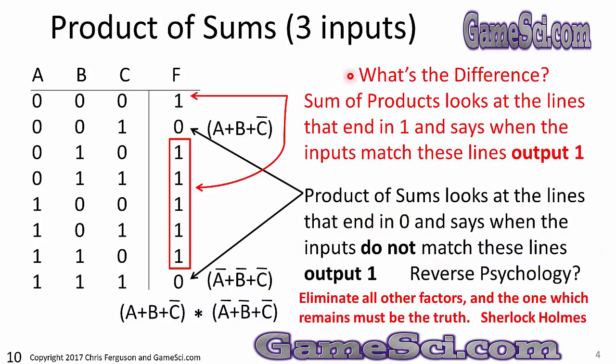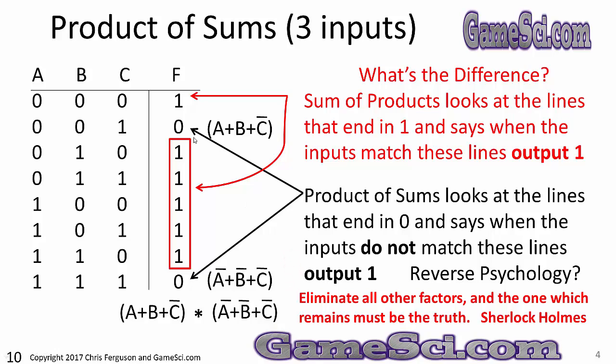What's the difference? Sum of products looks at the lines that end in 1 and says when the inputs match these lines, output a 1 for the circuit. So it has to look at all 6 of these ones. Product of sums looks at the lines that end in a 0 and says when the inputs do not match these lines, output a 1.